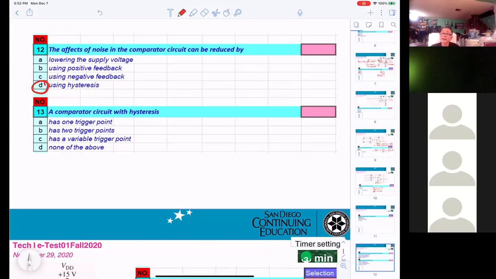Number 13, B. Perfect. You understand it on the hysteresis: they get an upper trigger and a lower threshold.